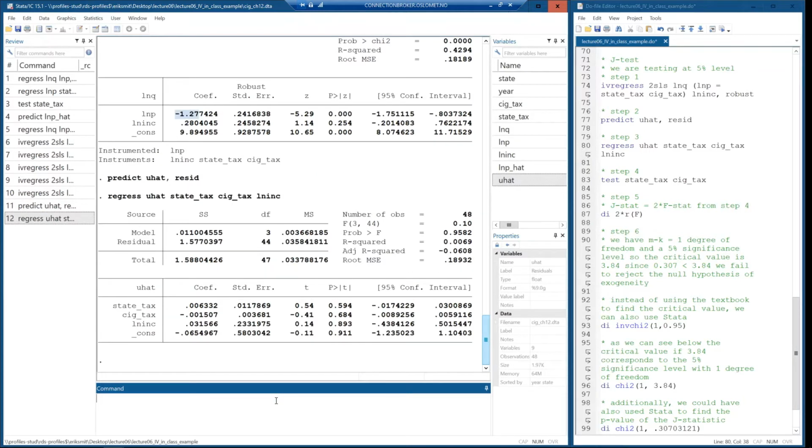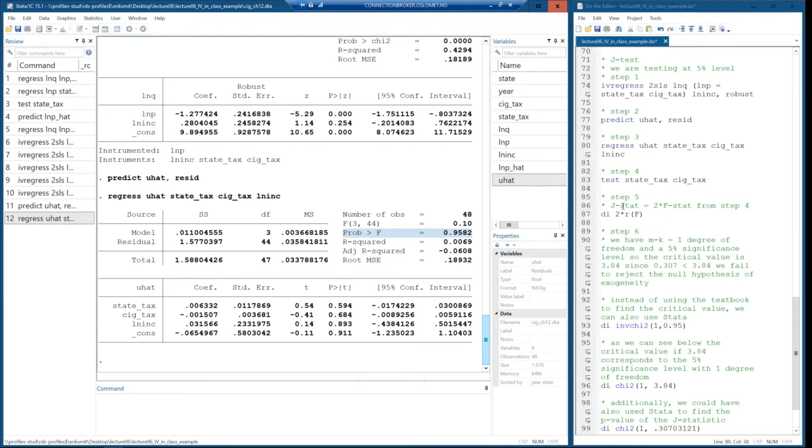We run this regression and we see that the independent variables here, the state tax and ln inc, do not explain much of the variation in the fitted residuals, and the f-test here is rejecting that together these do have at least one slope different from 0.